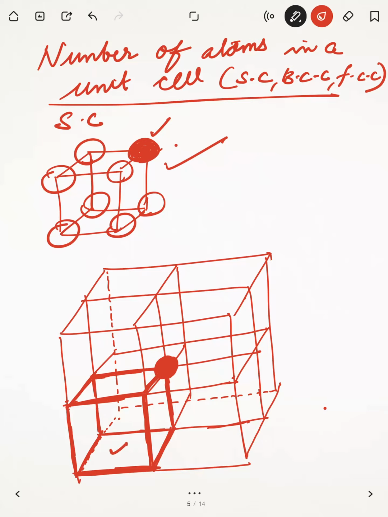Actually, this sphere is divided into 8 unit cells. One unit cell I have shown here.